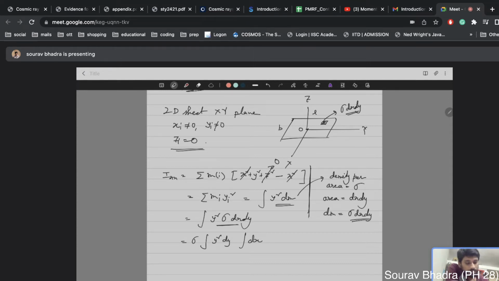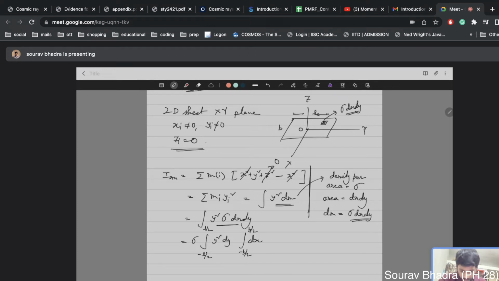For our case we are considering sigma constant. Our limits will be minus L by 2 to L by 2, and similarly for b, minus b by 2 to b by 2. So the origin of the system is at the center of mass, at the midpoint of the sheet.